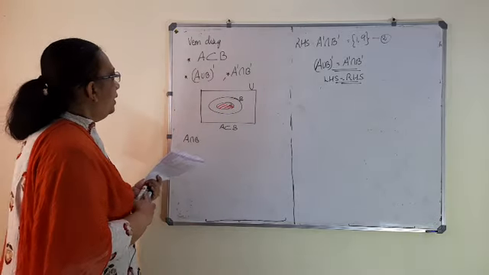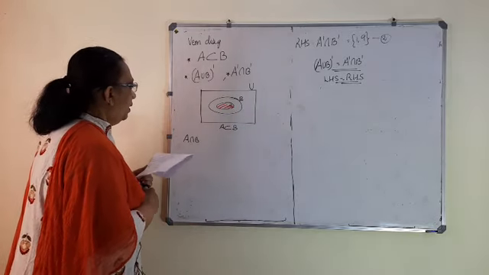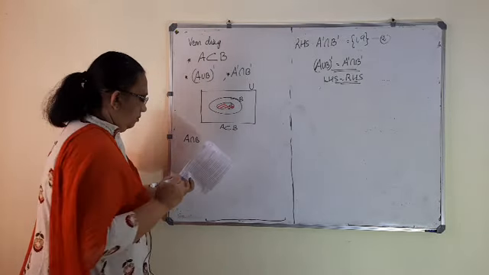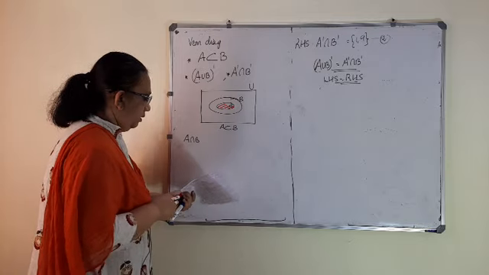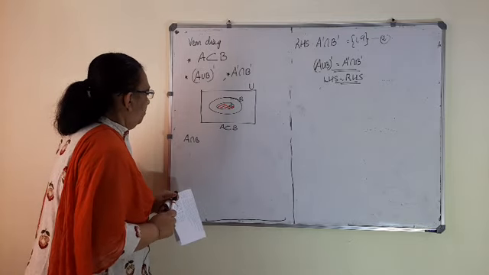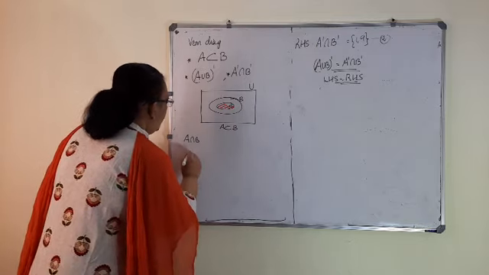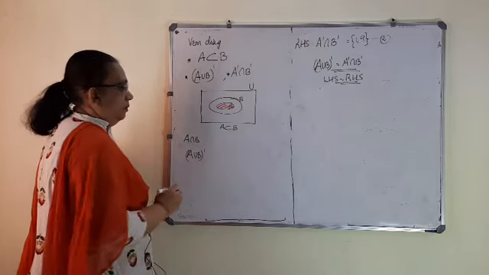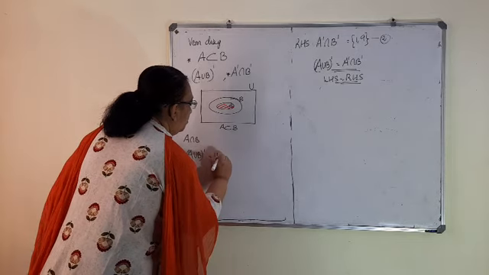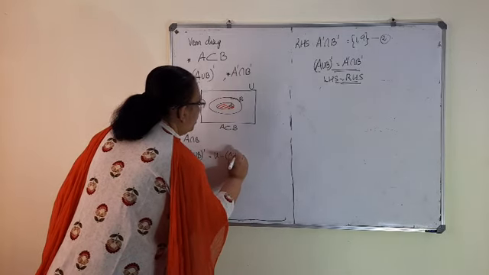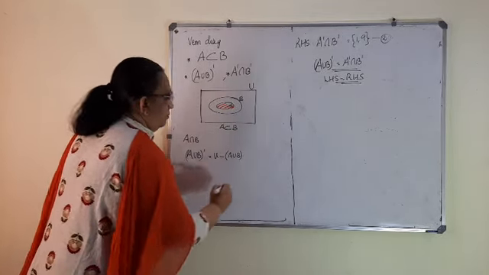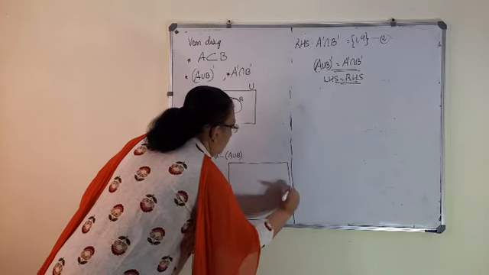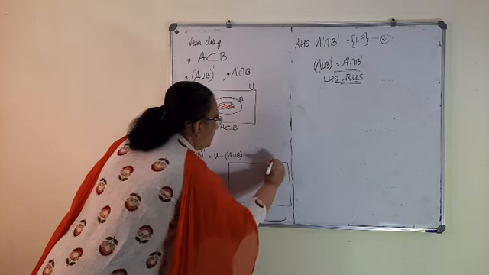Now next one. A union B the whole complement. What is the meaning? U minus A union B. Universal set.